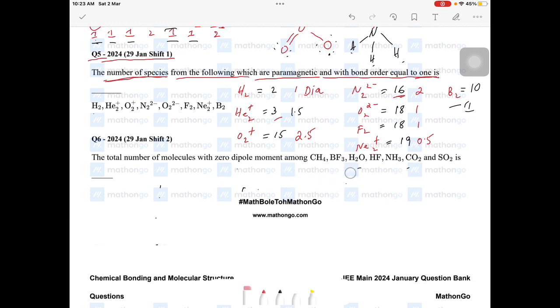Now how can we find whether a species is paramagnetic or not, for those with bond order equal to 1? Check carefully.